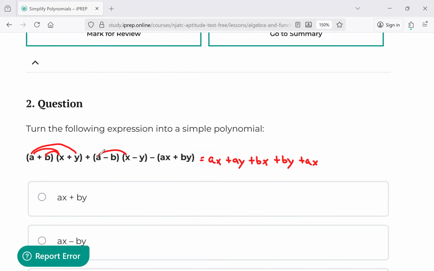Ax. What's a times negative y? Negative ay. What's negative b times x? Negative bx, right? Negative b times x is negative bx. What's negative b times negative y? Positive by.